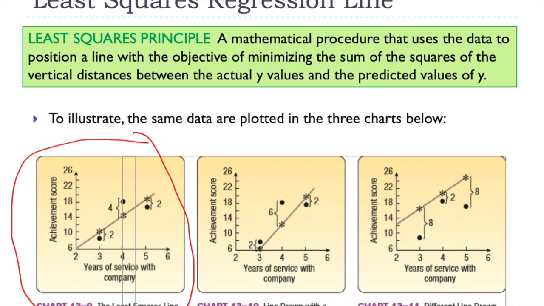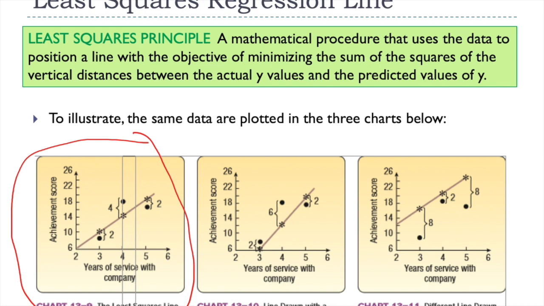If you look at chart 13.9, the one on the far left, it is the best fitting line, and it's drawn using the least squares method. We know that it's the best fitting line because the sum of the squares of its vertical deviations is at the minimum, the lowest it could be. It's 24. For example, the distance between this dot and this asterisk is 2.